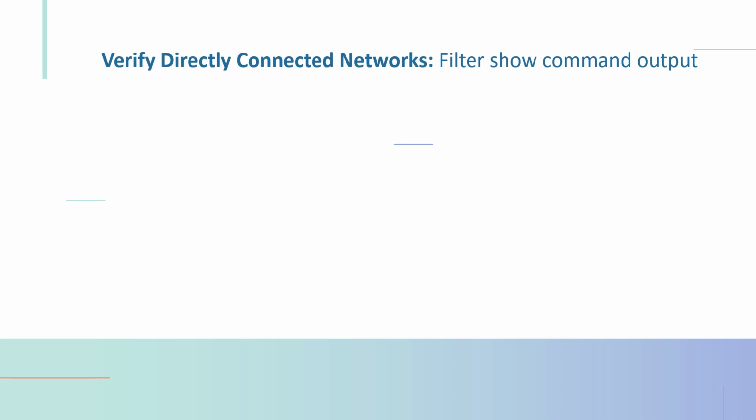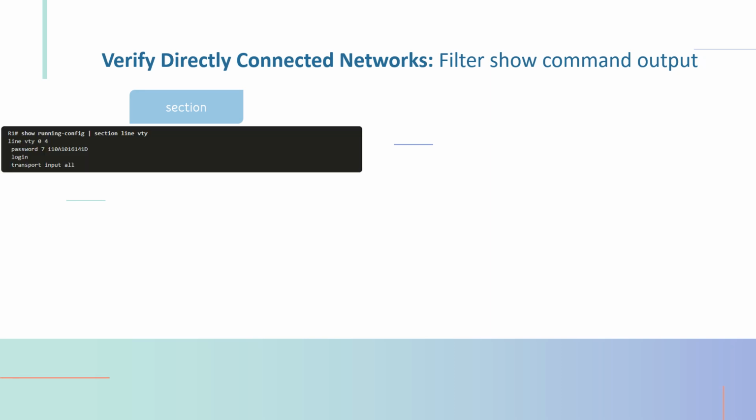And there are 4 filtering parameters that can be configured after the pipe. The first one is section. We show the entire section that starts with the filtering expression, as it is here in the example. So in this case, we are showing the running configuration only for the section line VTY.